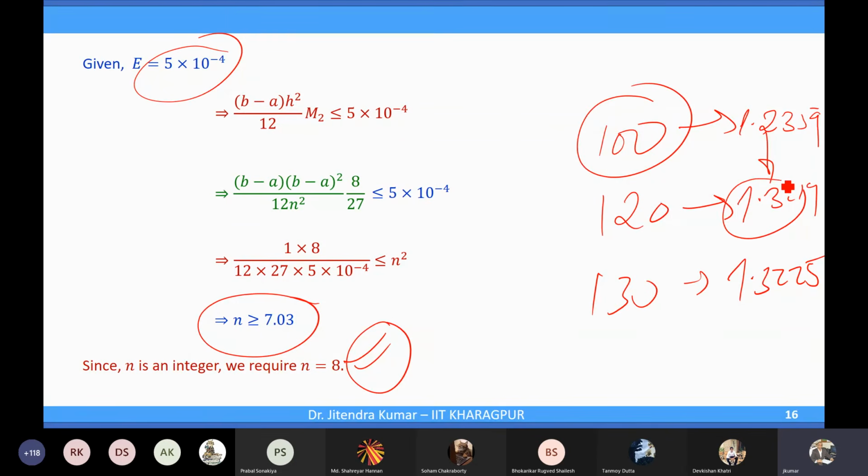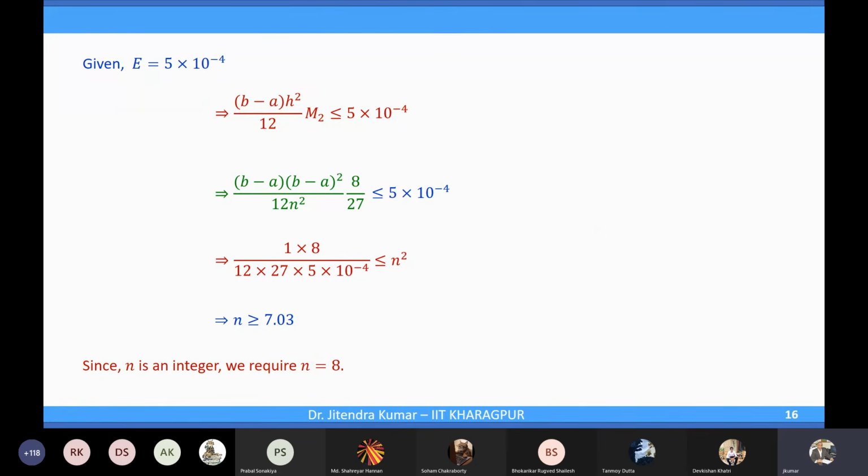Oh, there is no change in two digits. Okay, I think that's fine, so I will go with these 130 points. That way you can see how many decimals are matching as you increase the number of points, but never with this error formula.